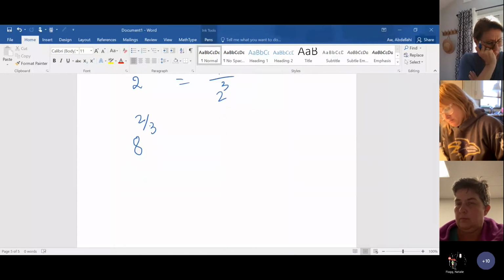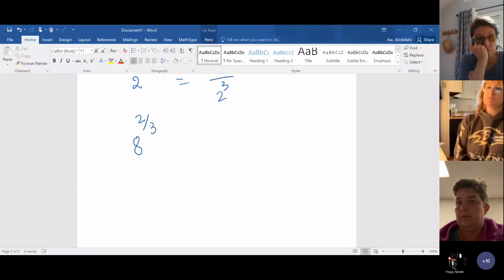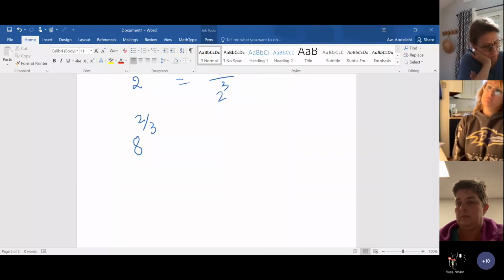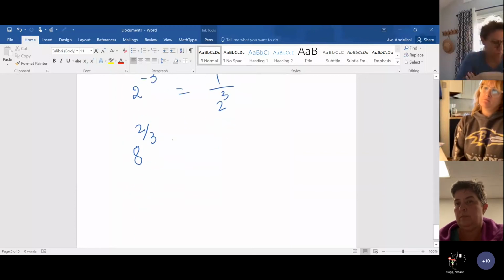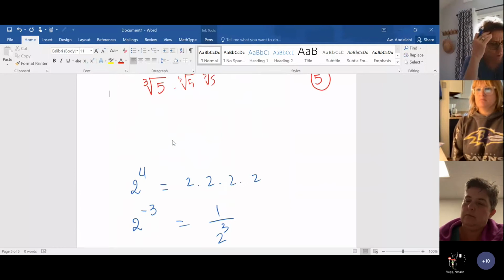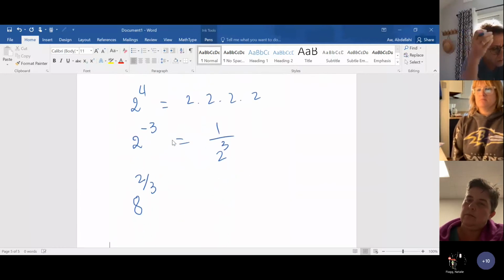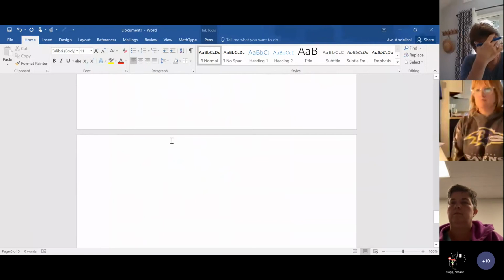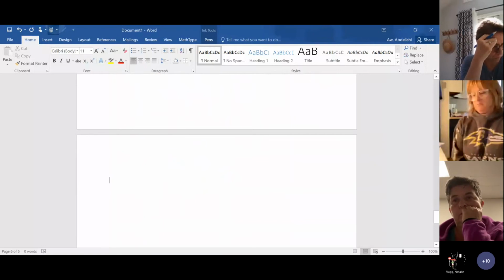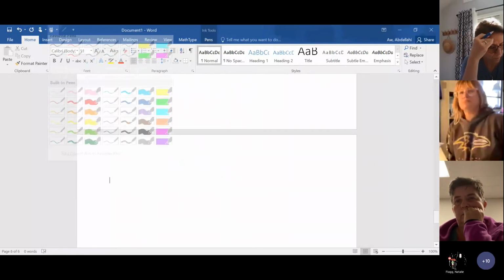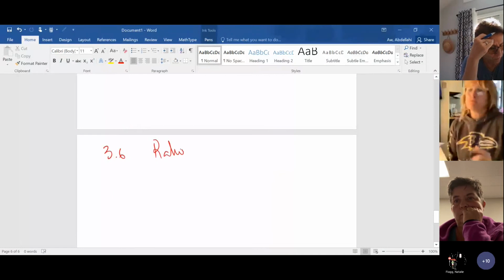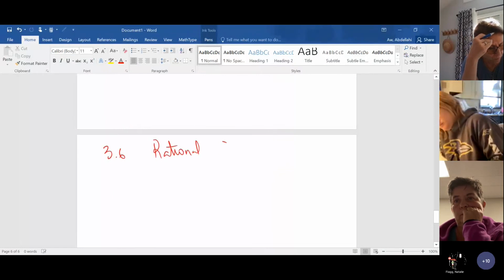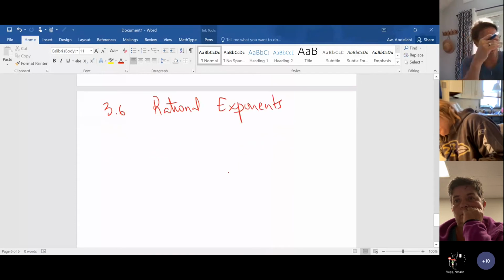We are about to define what is that exponent, what we have to do to find that number. Okay, that is our new section, 3.6, rational exponent. So we're going to define that.